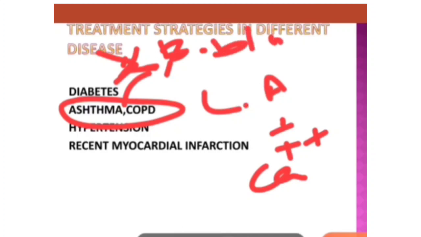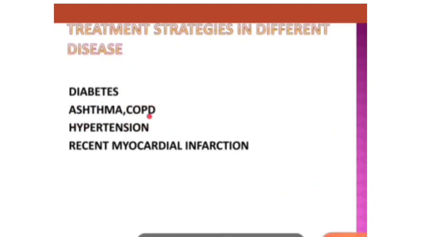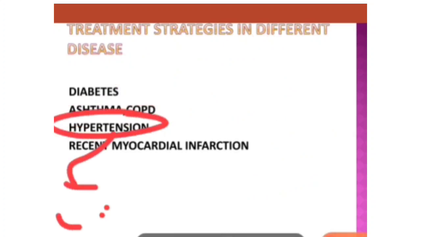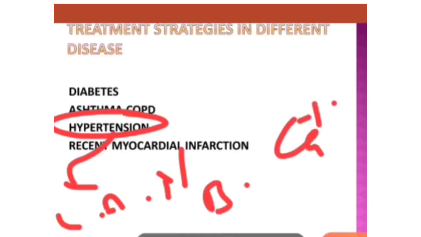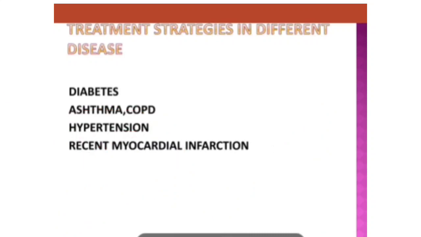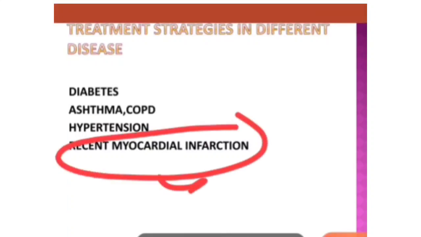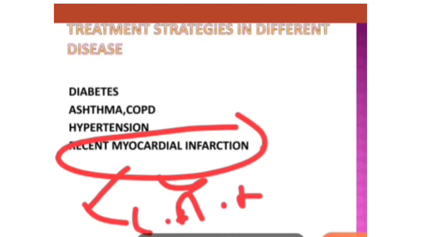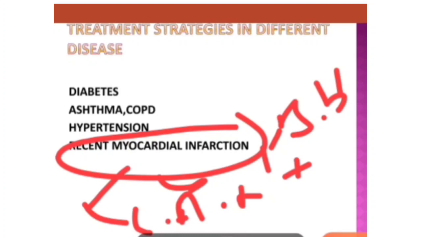This is the main question. In hypertension, we can mostly use long-acting nitrates, but we also have the options of beta blockers or calcium channel blockers. If the patient has a recent myocardial infarction, we never use a calcium channel blocker, but we have the options of long-acting nitrate and beta blocker drugs. These are the most commonly effective drugs.